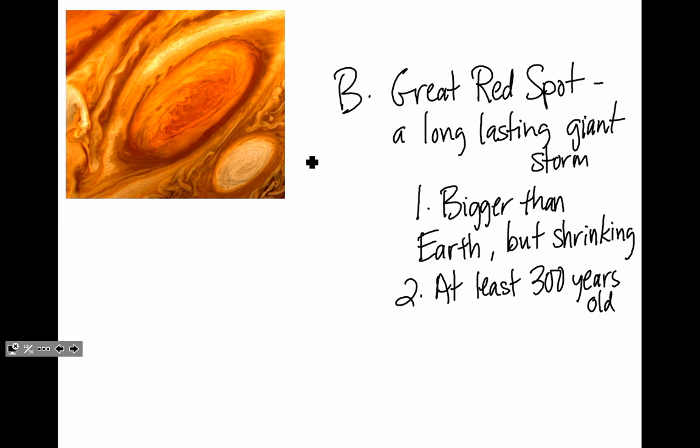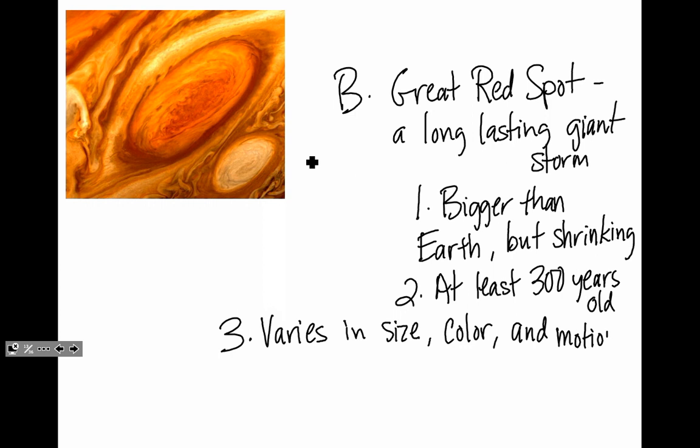But it hasn't been the same. We said it's shrinking. It is also varying. It varies with time in size, but also in color. It gets darker or lighter, and so do the internal swirlies, the motions that you see inside of it.